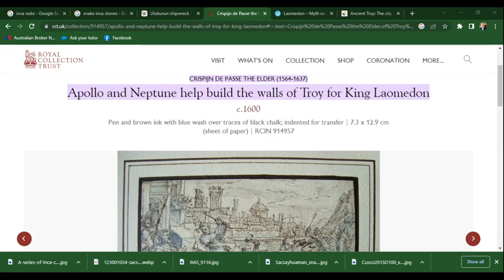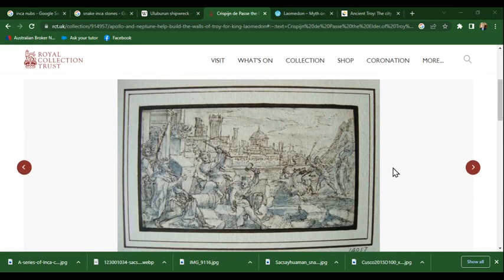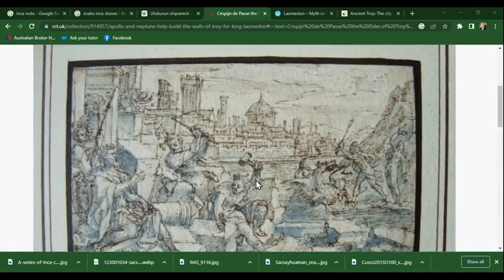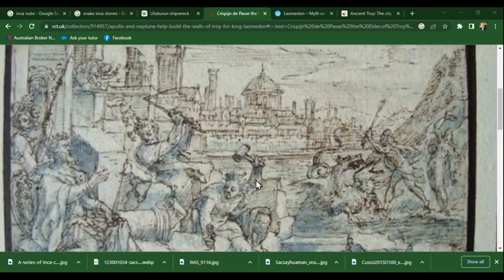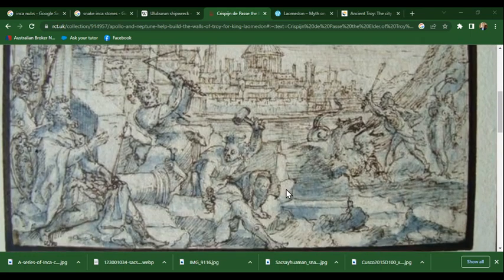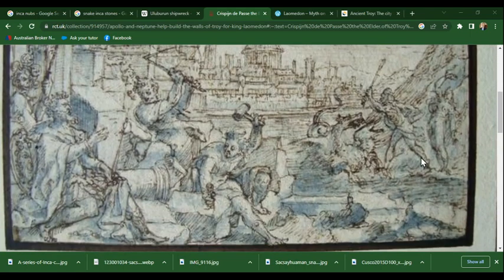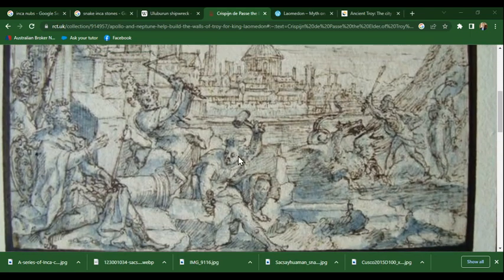So, who built the walls of Troy? Well, Apollo and Neptune did. And this is a picture of Apollo, Neptune, and his team building the walls of Troy while clubbing a dragon, while doing a few different things.